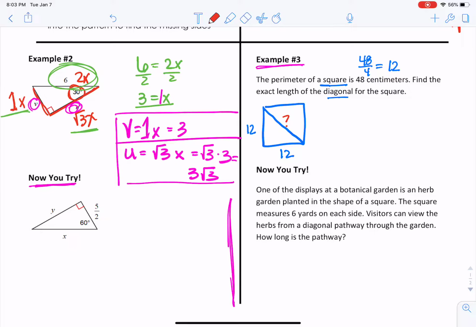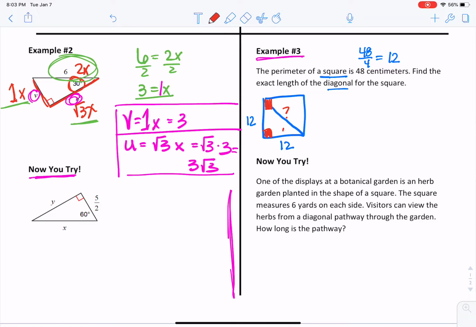So, what kind of triangle is this? This is 90, right? And this diagonal cuts a 90 in half. That means that each of these angles is 45. And so I'm going to have to use the information, the pattern for a 45, 45, 90 triangle.